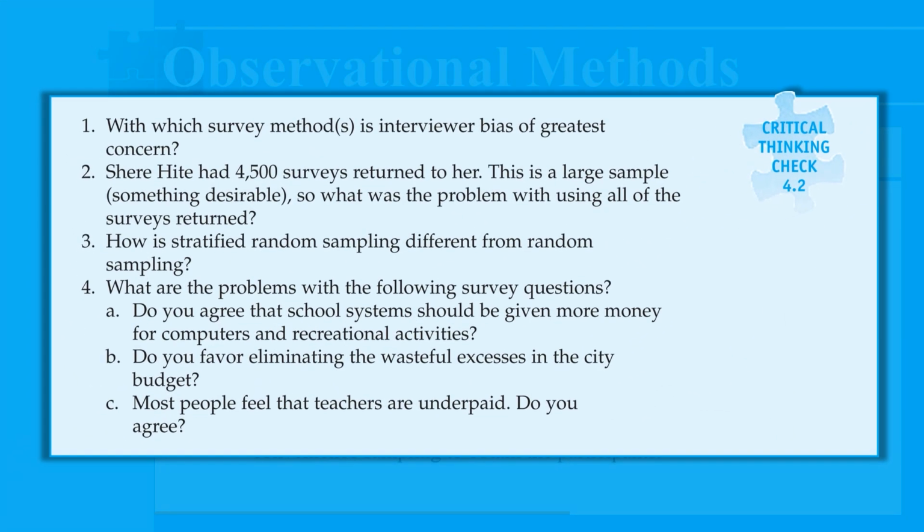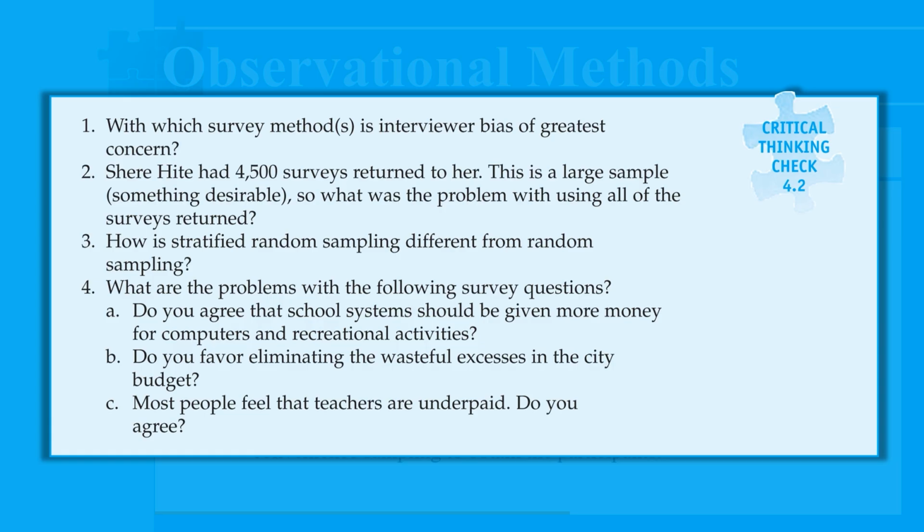Here's the question in critical thinking 4.2. There are 4 questions in here. Let's start from question number 1. With which survey methods is interviewer bias of greatest concern? 2. Share High had 4,500 surveys returned to her.